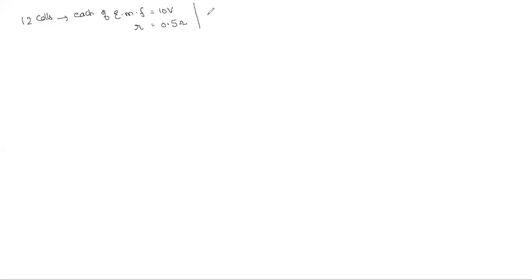In them, one student wrongly connected 2 cells. This box containing 12 cells is connected to one resistor. That resistance capital R equals, take it as 10 ohms. What is the current through the circuit? I equals how much? Quickly tell the answer. Respond, please.